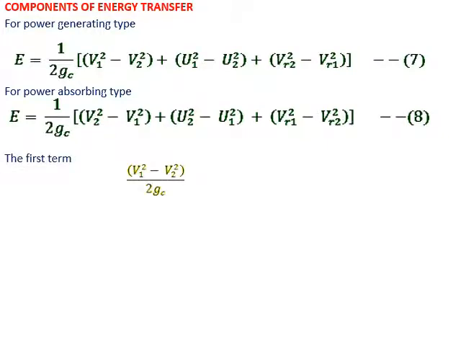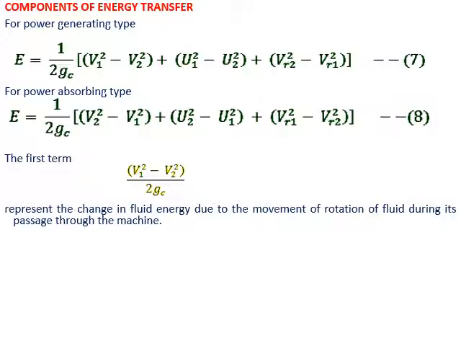In this, the first term is V1 square minus V2 square by 2 Gc. This represents the change in fluid energy due to movement of the fluid during its passage through the machine.